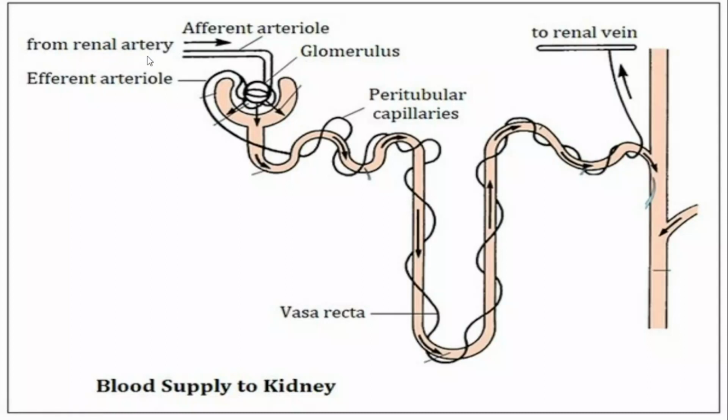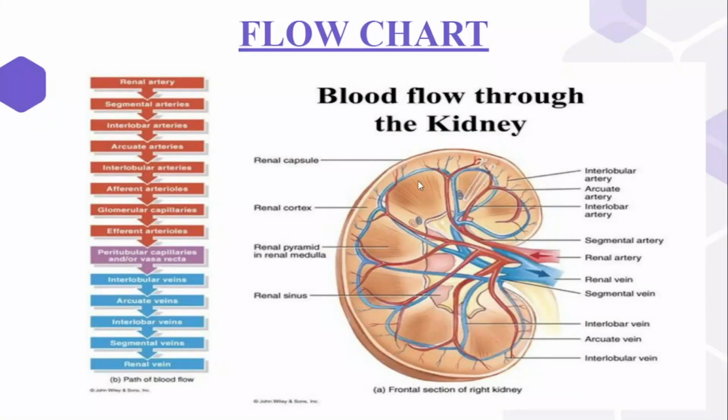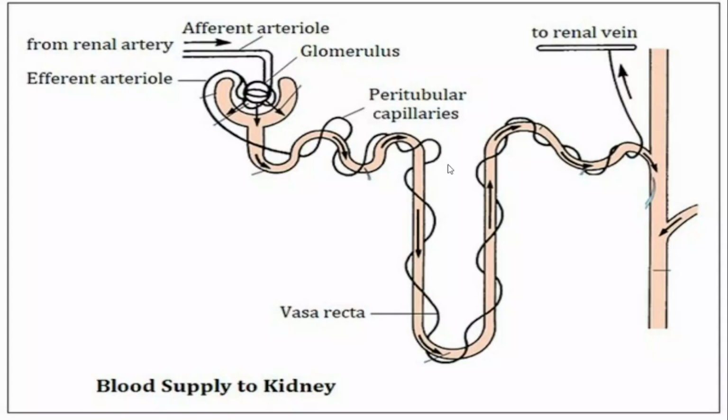This is the renal artery, a branch of the abdominal aorta. Clear? Here the blood enters the glomerulus and the blood is filtered. Then the cleansed blood is returned back, right? And the efferent arterioles are further converted into the peritubular capillaries, which surround the tubular portion of your nephron, right? In the nephron, the U-shaped structure is called the loop of Henle.